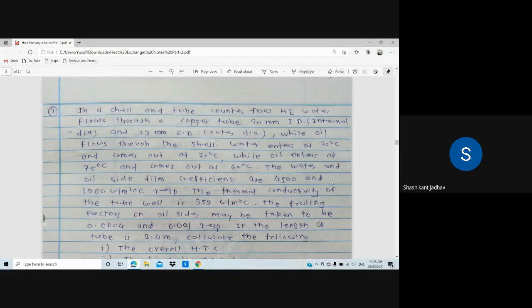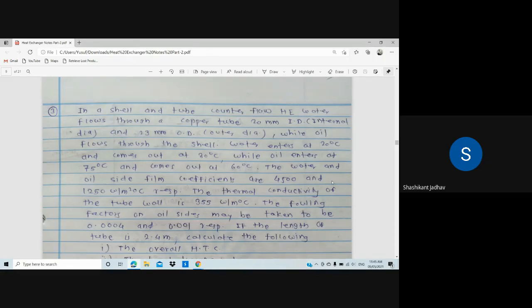The water and oil side film coefficients are 4500 and 1250 watt per meter square degree Celsius respectively.